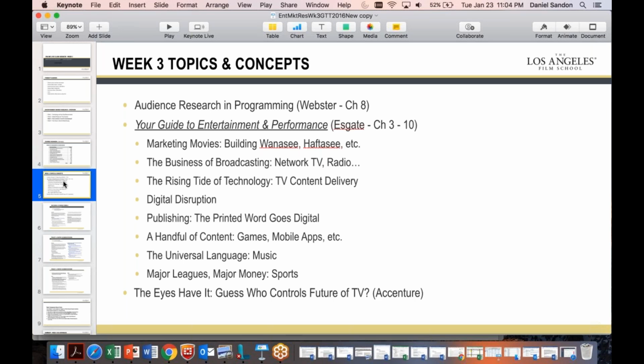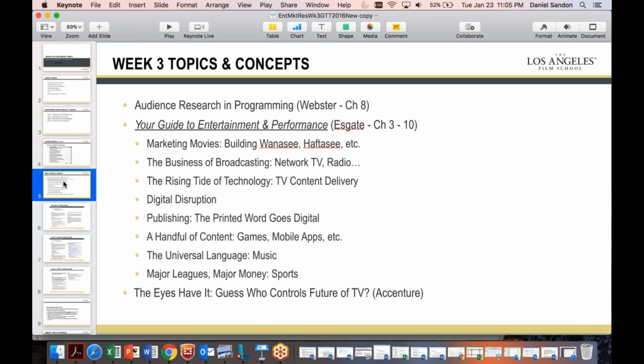Programming is developing, like TV programming, for instance, or radio programming. This is about audience research and how it's done in terms of creating new programs and new content. I will talk about this chapter again later when we talk about the bonus information. So I'm just sort of alerting you now that we're going to come back to this.